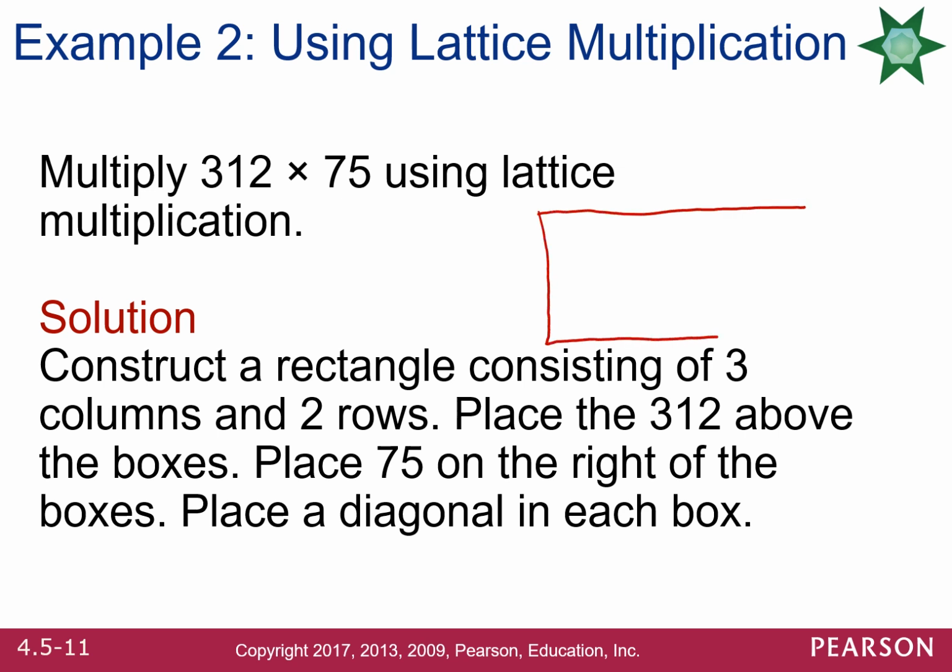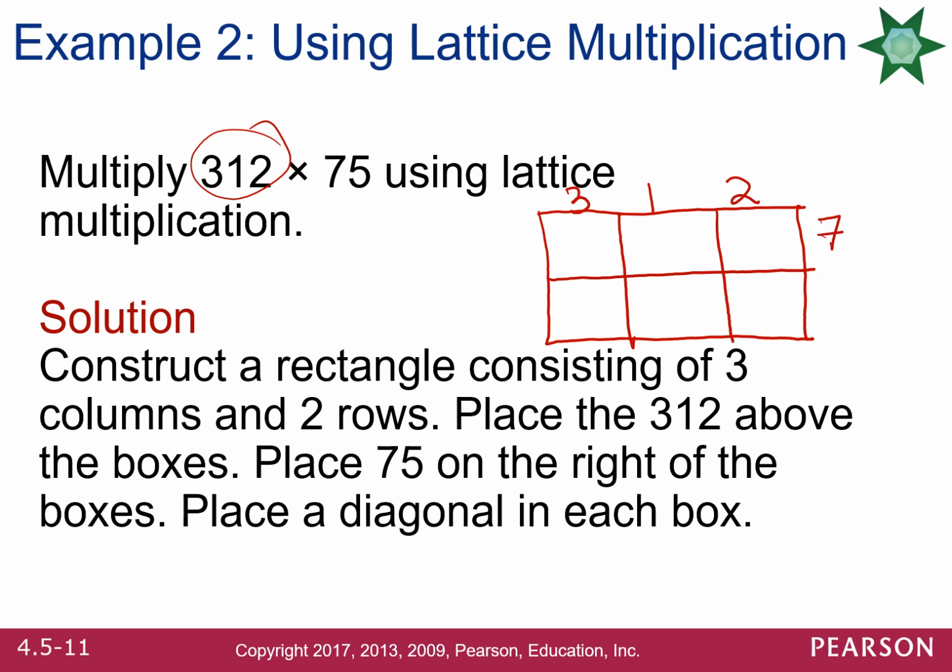Again, one more time, we construct a rectangle with 3 columns. So let's divide this into 3 columns and 2 rows, and place the 3, 1, 2, the digits of the first number, above the boxes. So it's going to have 3, 1, and 2. Place 75 on the right of the boxes.